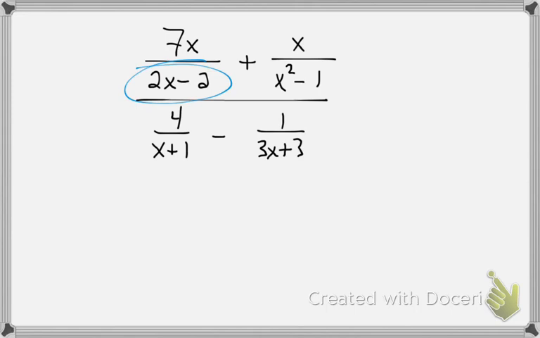There's a GCF of 2 that I can pull out of the first one, leaving behind x minus 1. Next up, that's a difference of squares, so x plus 1, x minus 1. Remember when you guys thought that was hard? Not that long ago.